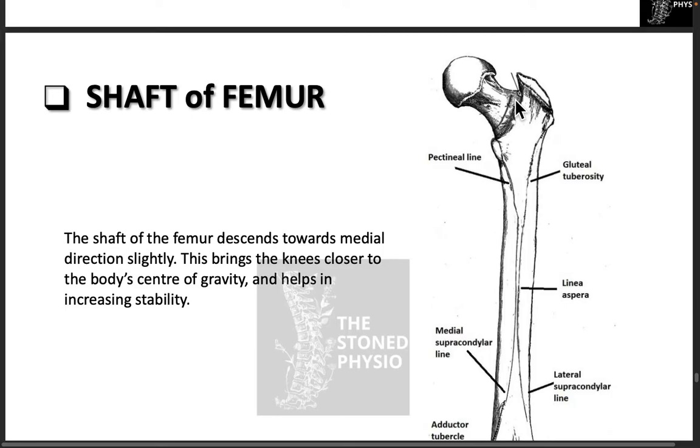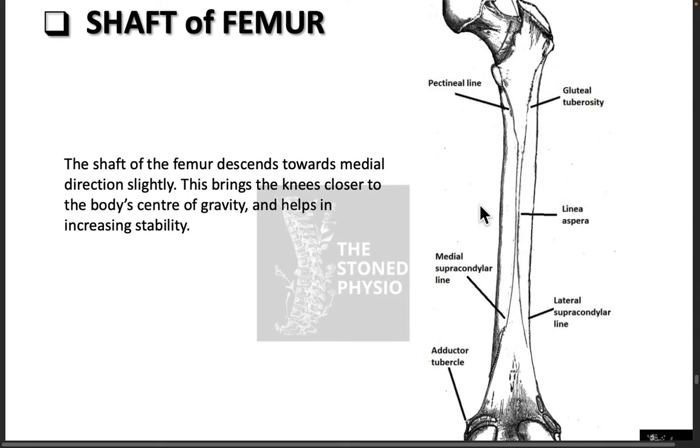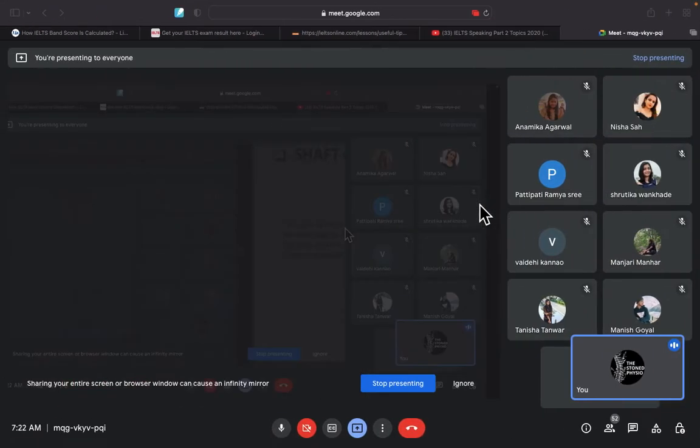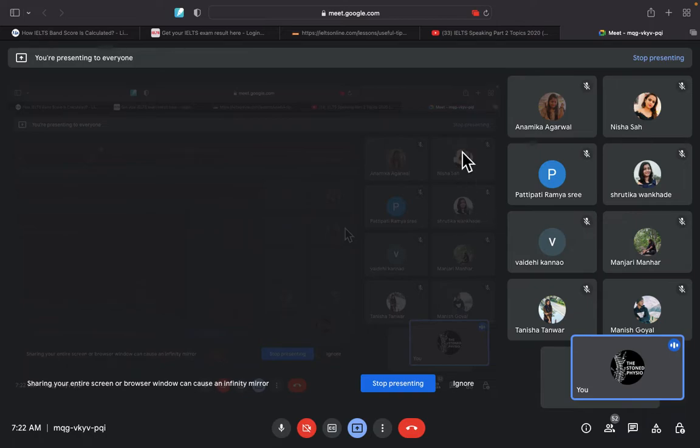Okay. So now, since we are supposed to talk about the shaft of femur, you remember we talked about the shaft of humerus, and there we saw that the proximal part of the humerus is more or less oval shape, the mid part is more or less pentagonal in shape, and the lower part is more or less triangular in shape. I hope everyone remembers that.